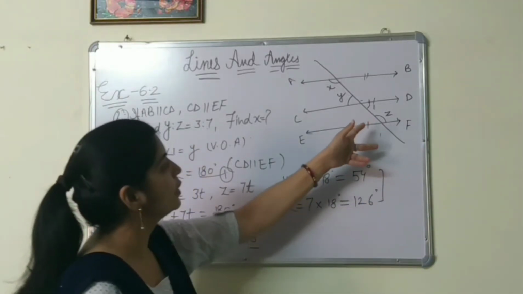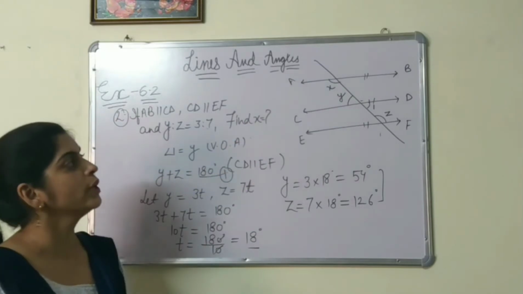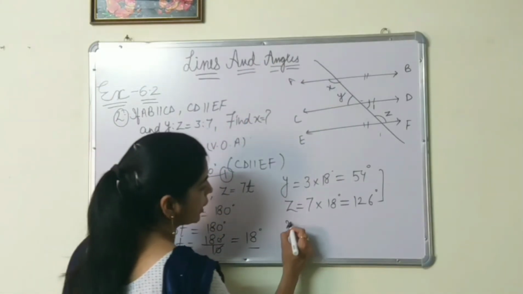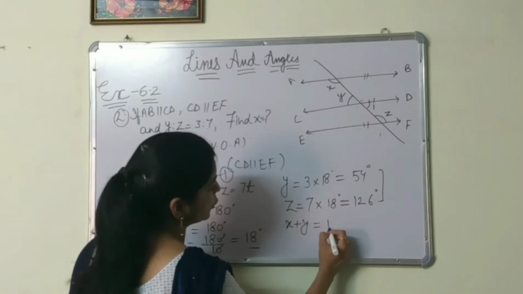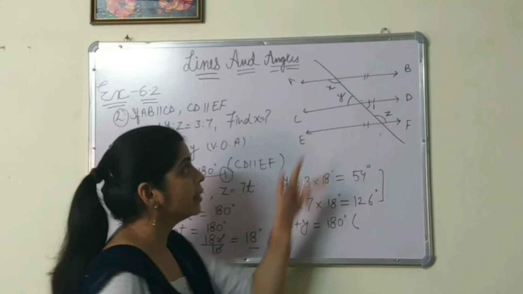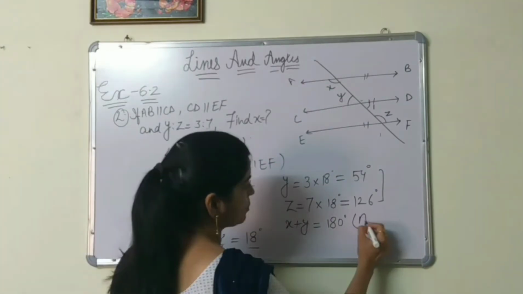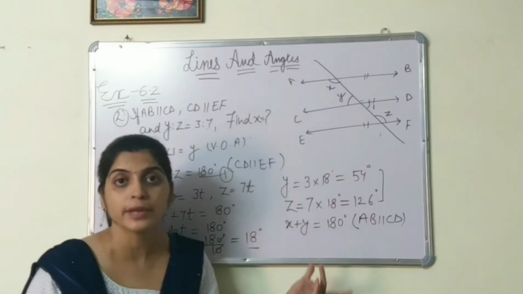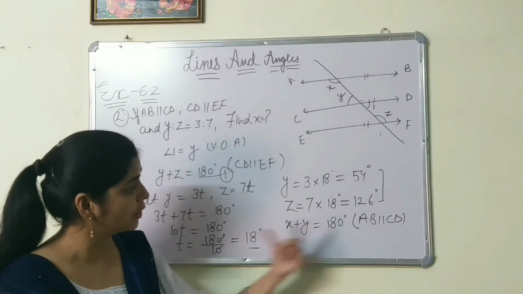And we have to find out the value of x also. We can say that angle x plus y is equal to 180 degree because of same side interior angles. AB is parallel to CD and the sum of same side interior angles is equal to 180 degree.